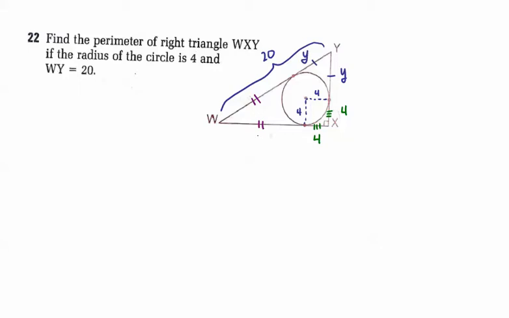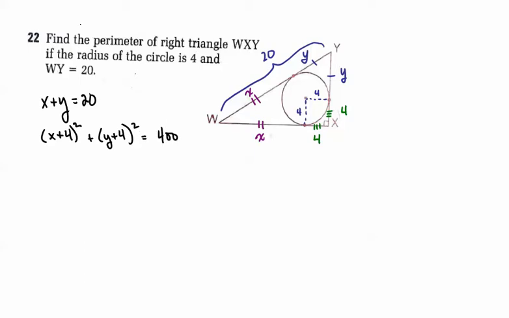And if we call this segment down here x and this segment down here x, then we're going to be able to come up with a system of equations. The first equation being that x plus y is equal to 20, and the second equation being x plus 4 squared, using the Pythagorean theorem, plus y plus 4 squared is going to be 20 squared, which is 400.